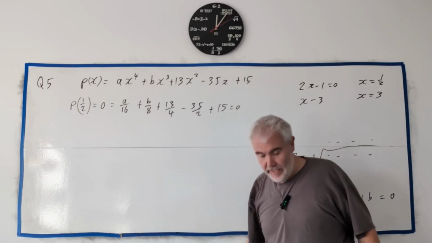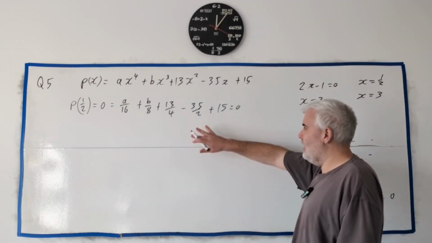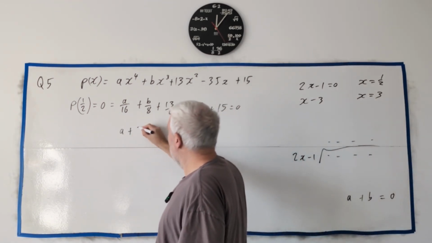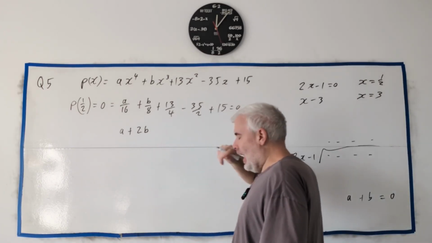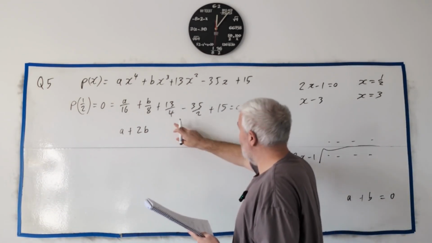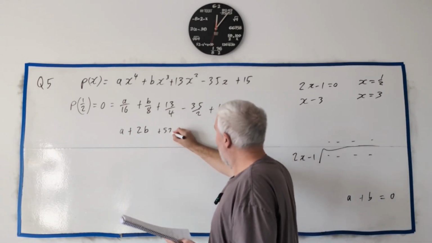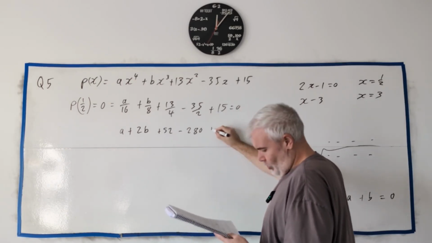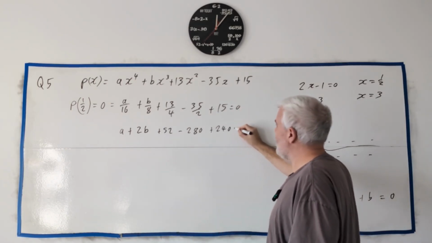And we know this all equals 0. We can clean this up a lot. Multiply everyone by 16. This becomes A. This becomes 2B. This becomes, let me just cheat here and use my notes, 52. This becomes minus 280. And this becomes 240.